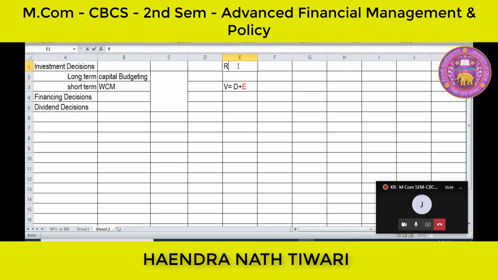Even if you are using retained earnings, they also belong to equity shareholders. Debt is contractual in nature. And everything is written in the debt indenture. What will be the rate? Whatever your earning or not earning, you have to give the interest.